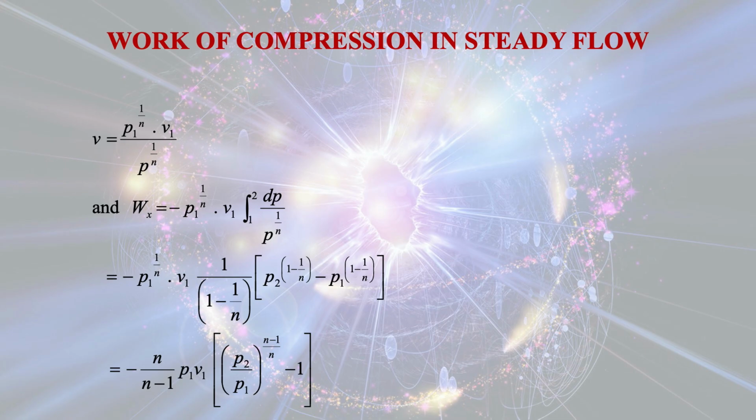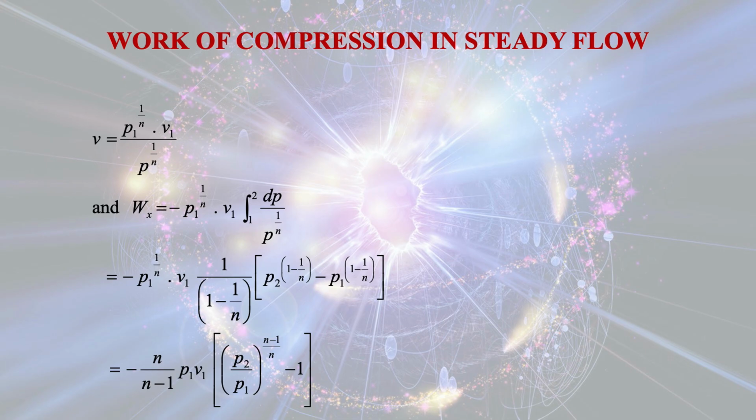Now with this generalized equation, you can write V as P1 to the power 1 by n multiplied by V1 divided by P to the power 1 by n, because PV to the power n is equal to constant.